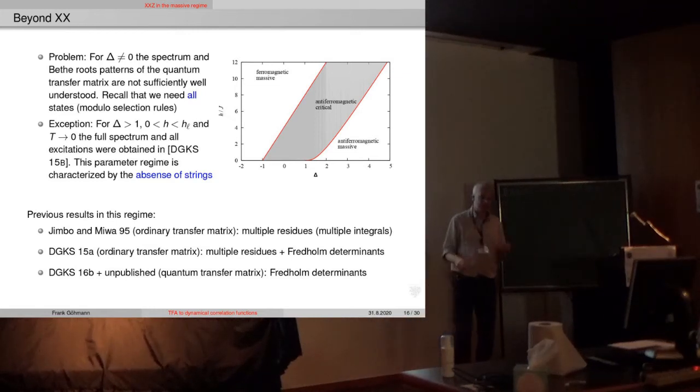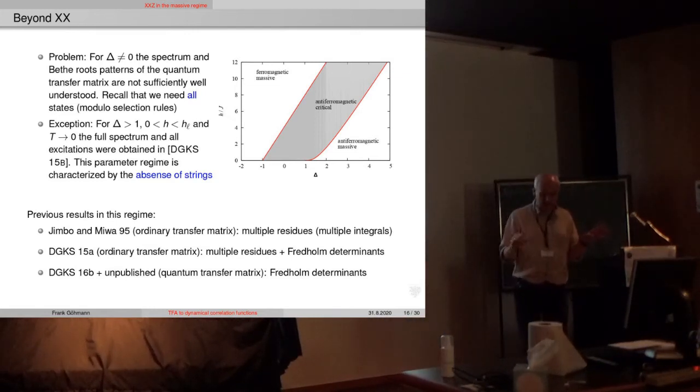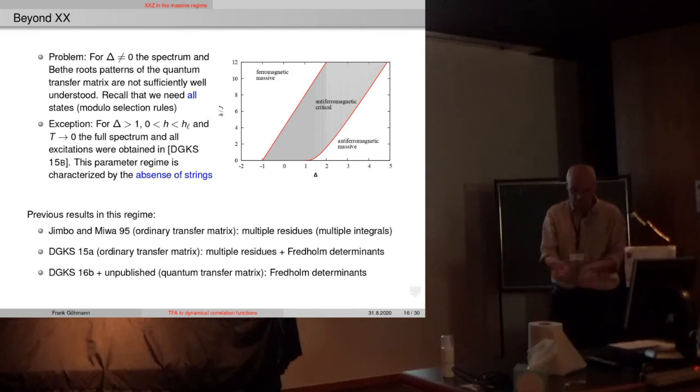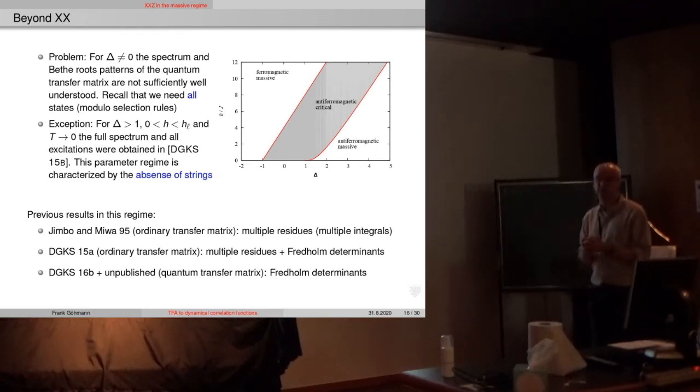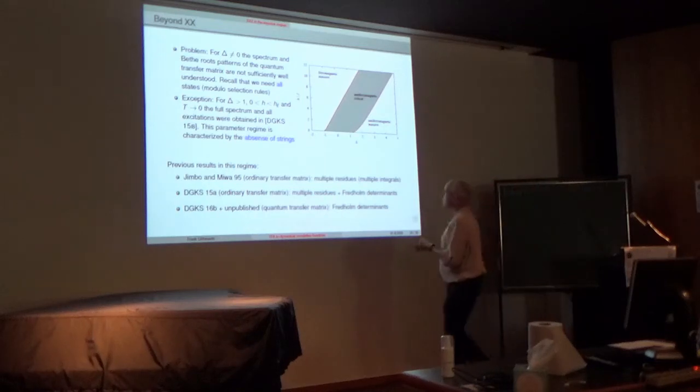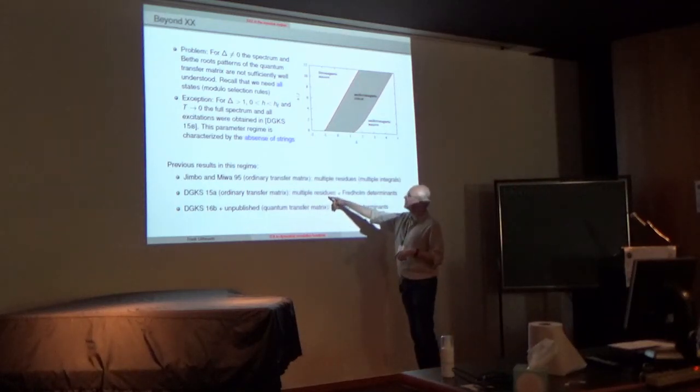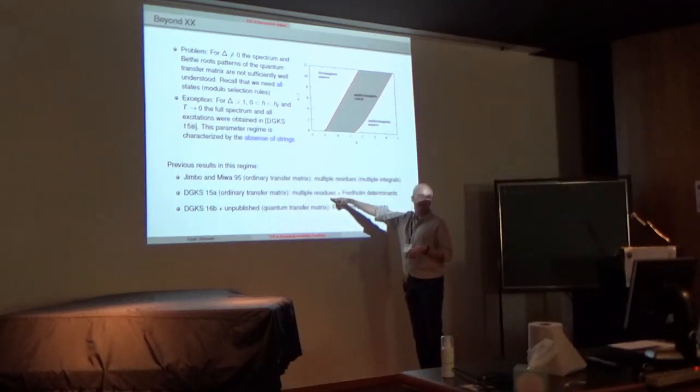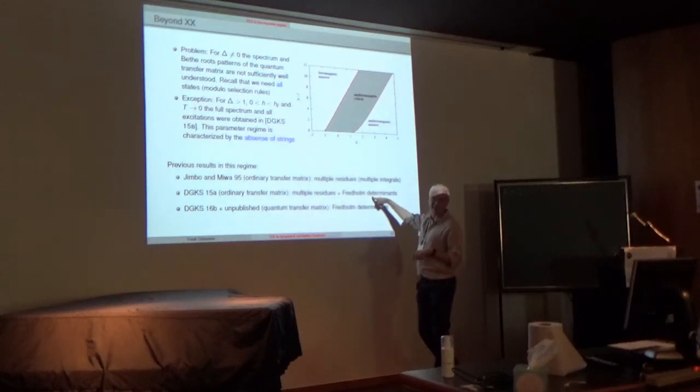So we had to calculate these determinants which you have in Bethe ansatz in the Trotter limit, or in this case in the thermodynamic limit, including all string cases, which was hard work to analyze. This gives bad singularities, and we had to analyze all the singularities. We could do so, and what we got were multiple residues, and the functions of the multiple residues were Fredholm determinants. So even more complicated than this.